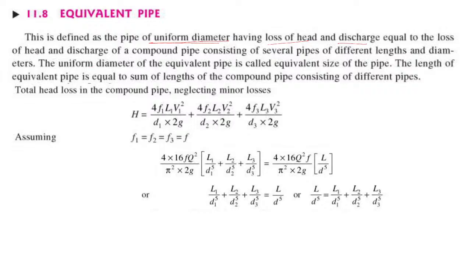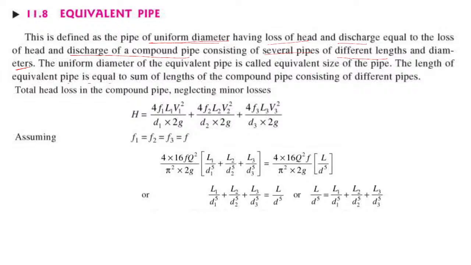So if you have a uniform diameter with the same head loss and discharge, equal to that of compound pipes of different lengths and diameters, that is what we mean by an equivalent pipe. The uniform diameter of the equivalent pipe is called the equivalent size of the pipe.